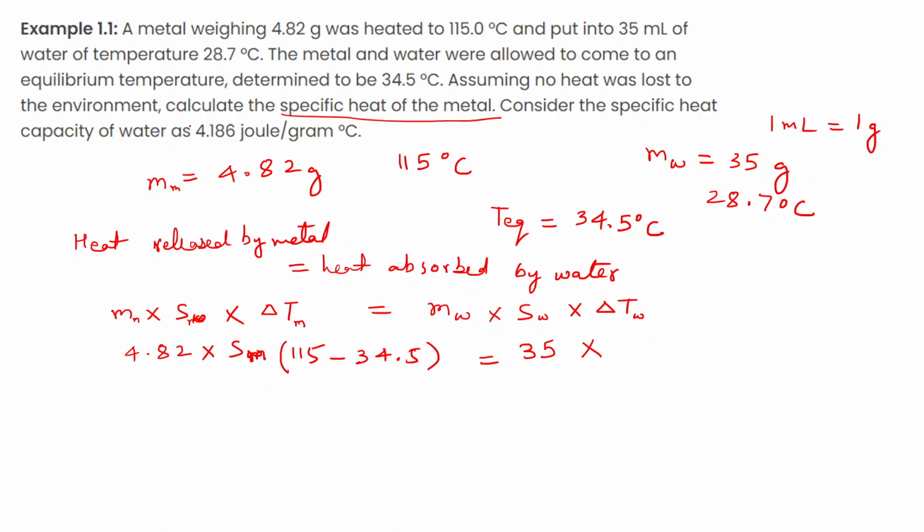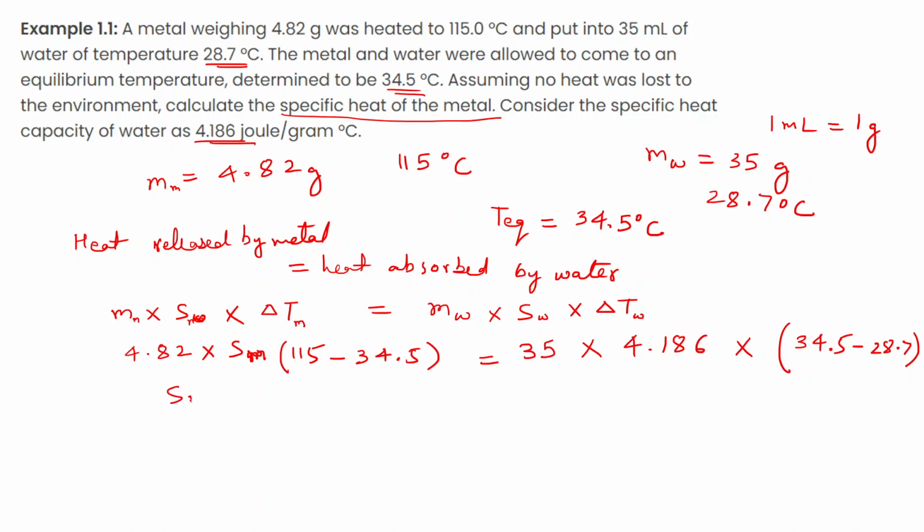Specific heat capacity of water we are given 4.186 joule per gram degree centigrade, and the temperature difference for water, initially its temperature was 28.7, finally it reaches 34.5. 34.5 minus 28.7.